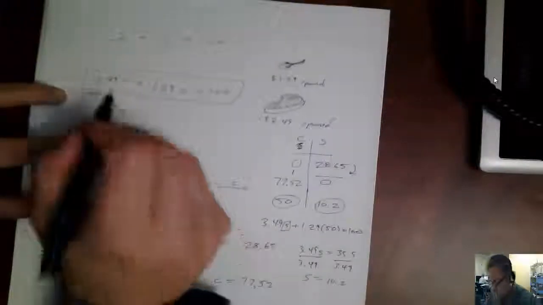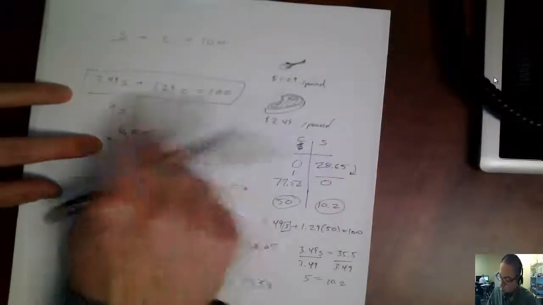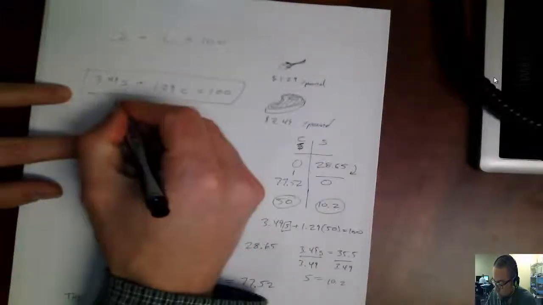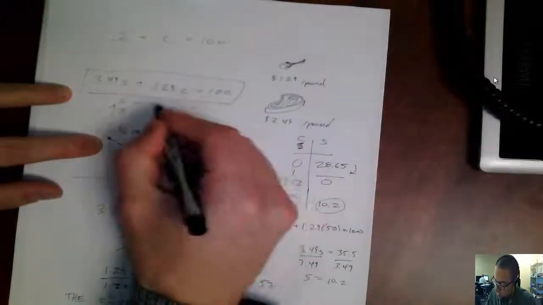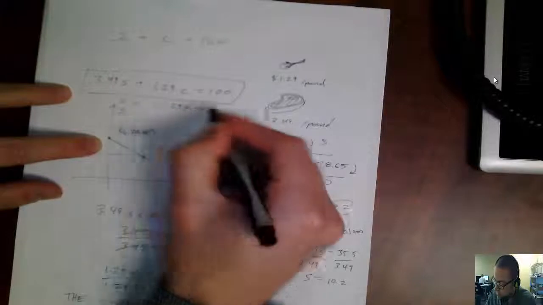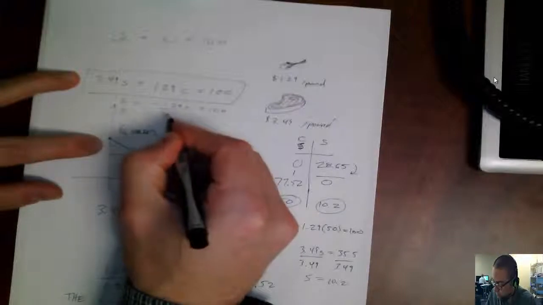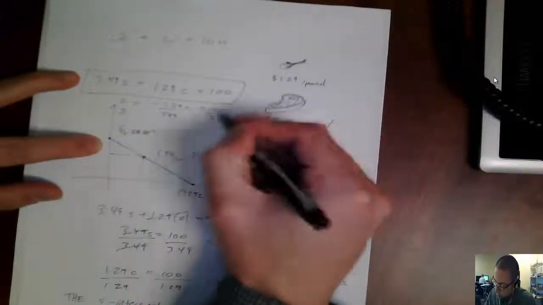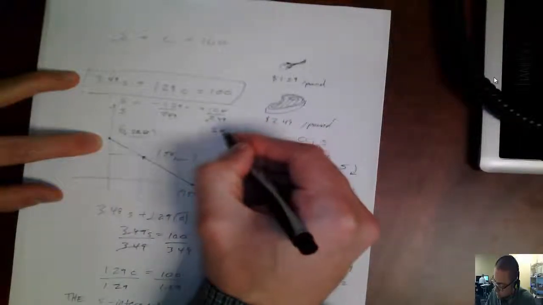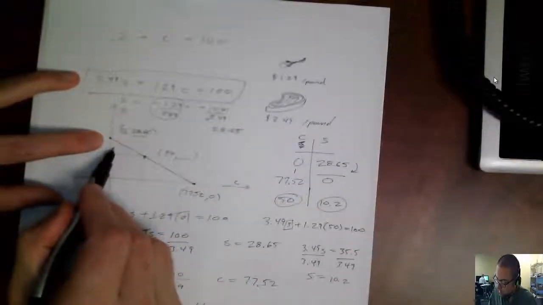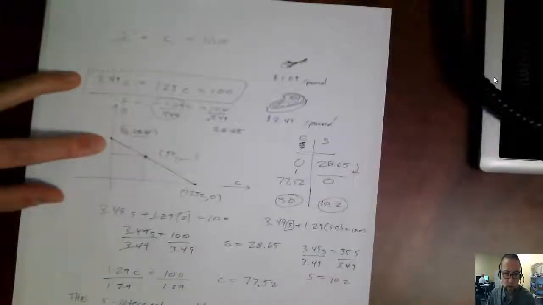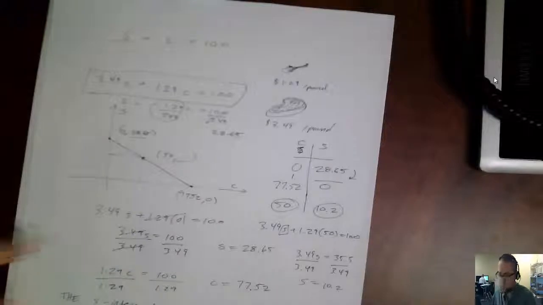I don't want to go into deep solving of equations here because we're going to get to that a little bit later, but when you solve the equation for the S variable, you would subtract 1.29C from both sides, and you would get minus 1.29C plus 100 on that side, and then you divide everything by 3.49, which I already know: 100 divided by 3.49 is 28.65. So this is the slope of the line. It's negative 1.29 for every 3.49, and that's what the slope of the line would be in this context.